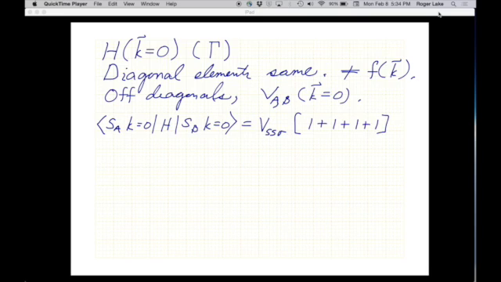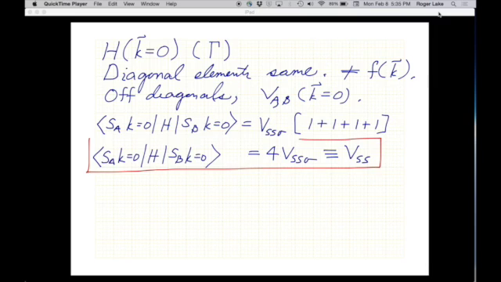So that's just 4 V_ss sigma. And this is defined, I think, in the Slater-Koster paper as simply V_SS. So this defines the variable V_SS.